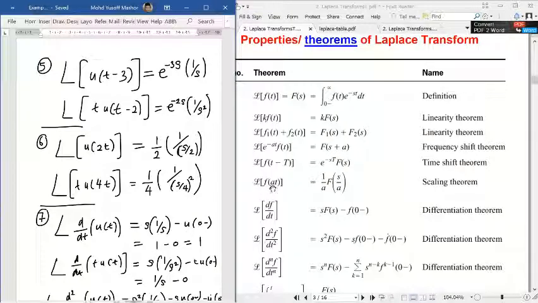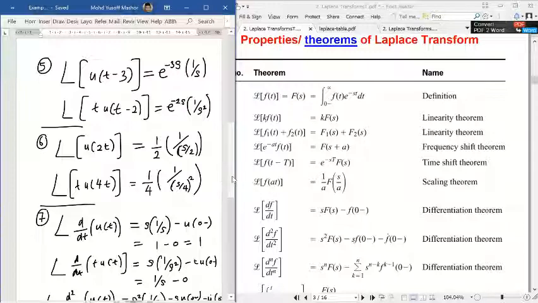If you have something like this, it's called the scaling theorem. So how are we going to transform that into the Laplace domain? The first step is, in place of s, you put s divided by a. And then outside you multiply by 1 over a.